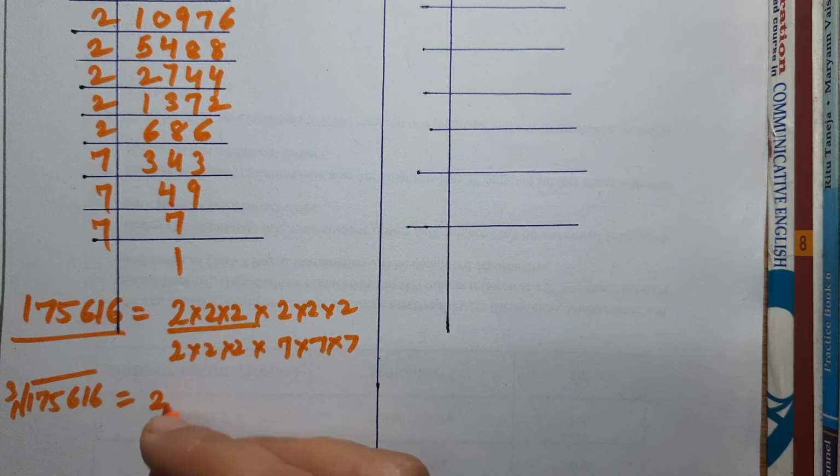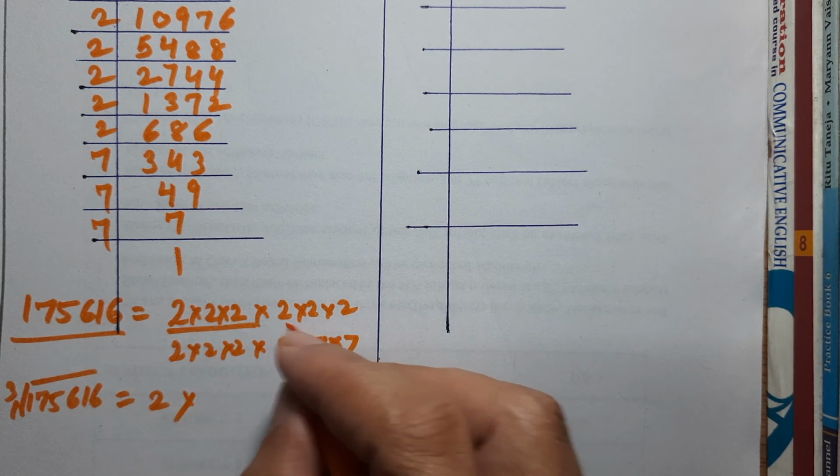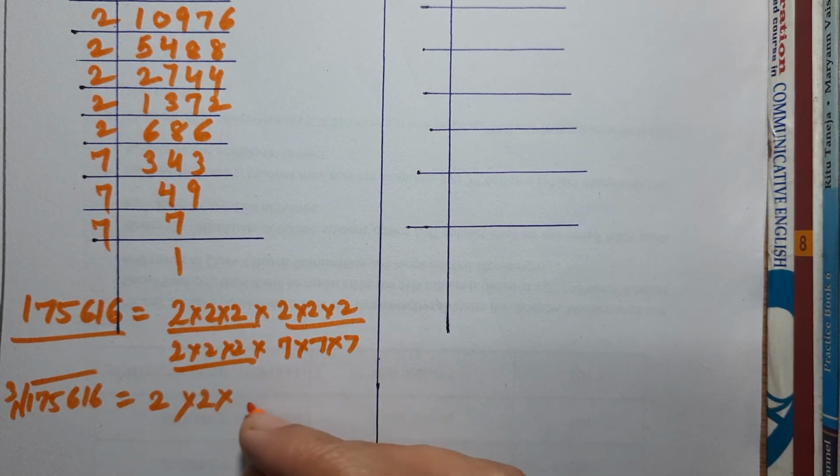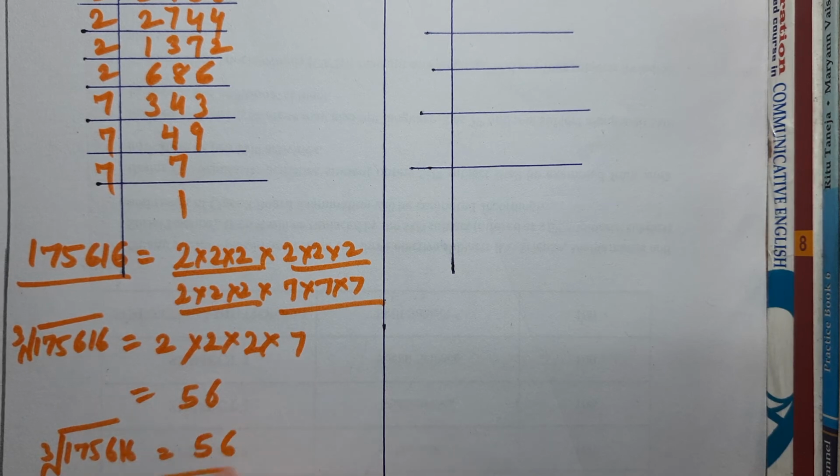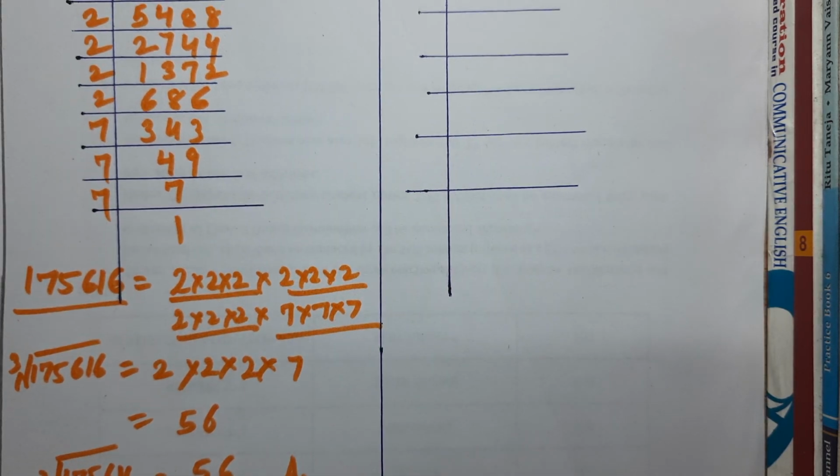Out of this, one pair. Out of this, 1. Out of these 3, 1. Out of these 3, only 1, 7. So our answer will be 2 twos are 4, 4 twos are 8, 8 sevens are 56. That means the cube root of 175,616 is 56. This completes our part.